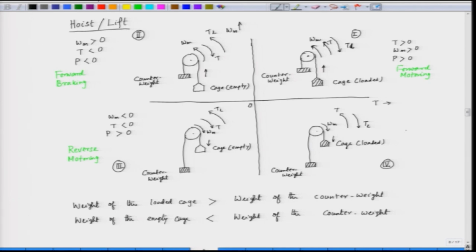Here we find that the speed is negative, but the torque is positive. Since the speed is reversed, the power is negative, and this is called reverse braking.